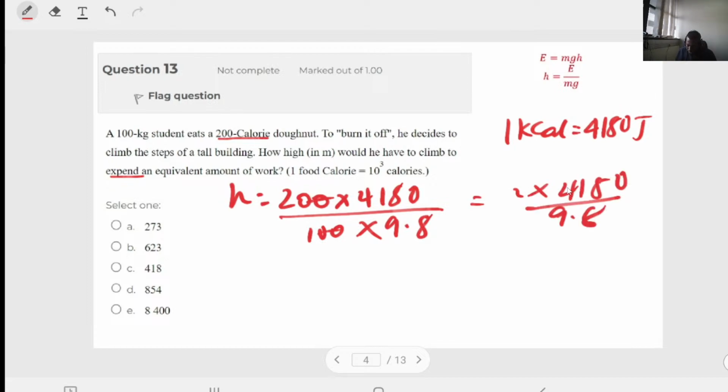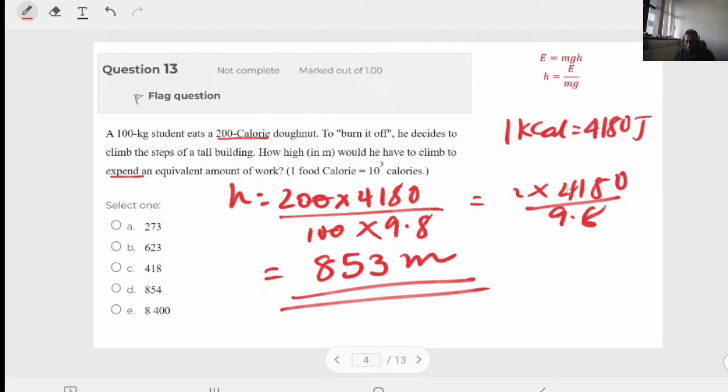I scratched that. I got about 853 meters. You must climb. If you have eaten a donut that has got 200 calories, you must climb a building which has got 850 meters, but there is no such building around though. Yeah, therefore the answer should be 853. That is what I get.